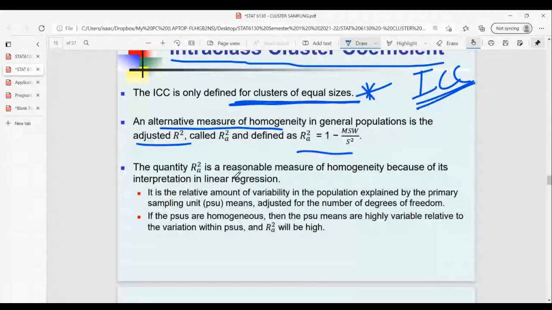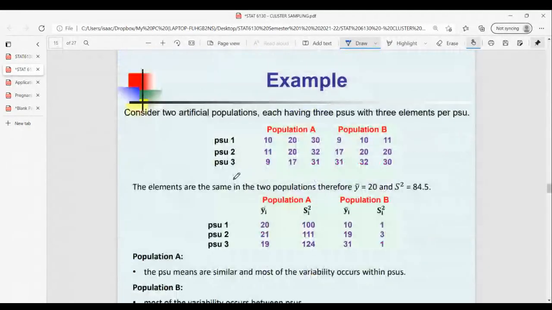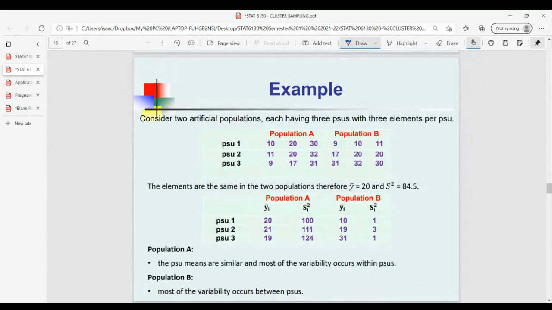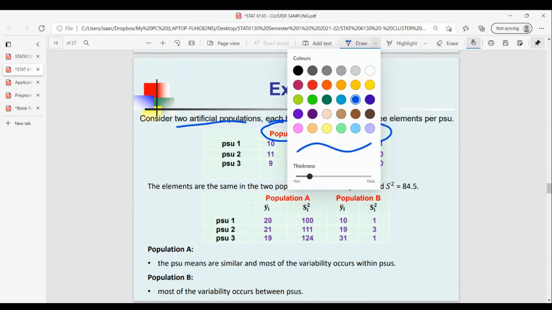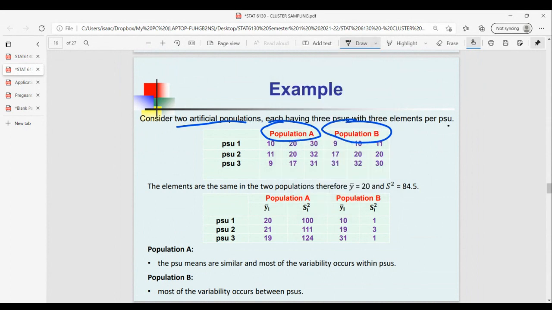Right, so I have two examples here. These are also taken from the textbook. And I have two artificial populations, by the way, population A and population B. Now, if you look at population A and B, I'm just going to put a line like this, so you'll see that this is population A, this one is B, right?